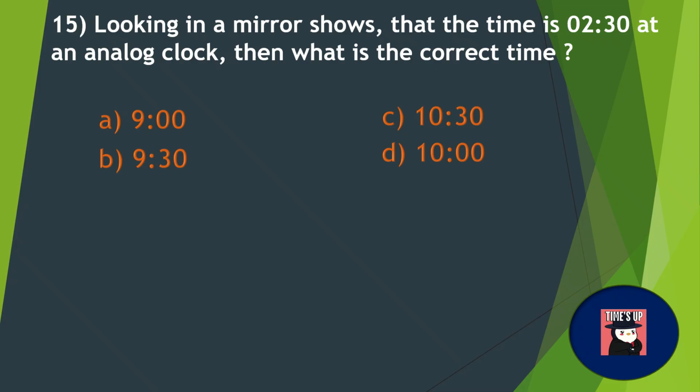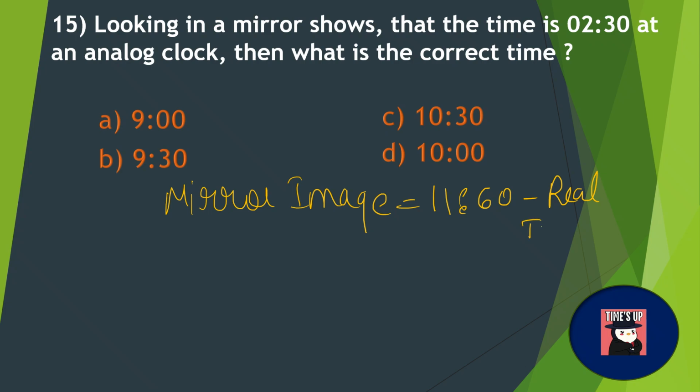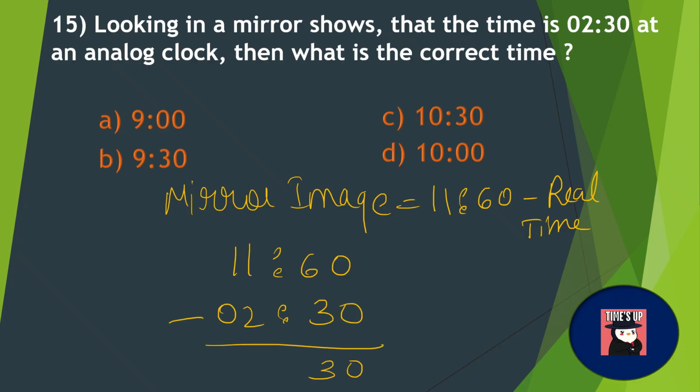The mirror image formula is 11:60 minus the real time. So here you need to do 11:60 minus 2:30. That's it. So the answer will be 9 hours 30 minutes. So the correct answer is 9:30.